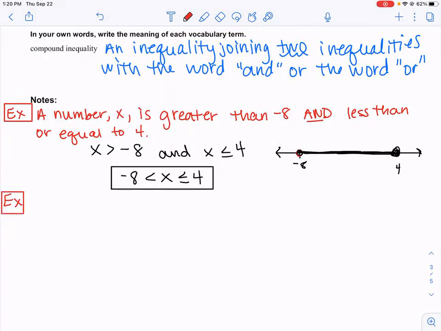Can't draw it square. There we go. A number y is at most 0 or at least 2.